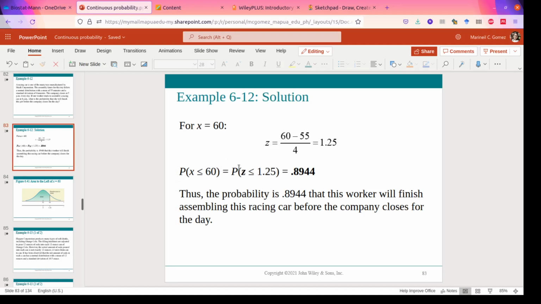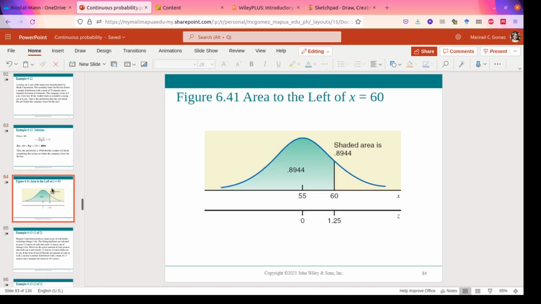Since the conversion to z of 60 minutes is 1.25, the probability is less than or equal to 1.25. So this is our probability distribution graph. Less than or equal to, so from the 1.25 up to the left of the graph. So this is your probability.